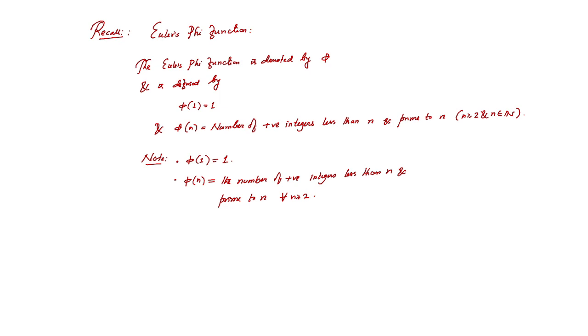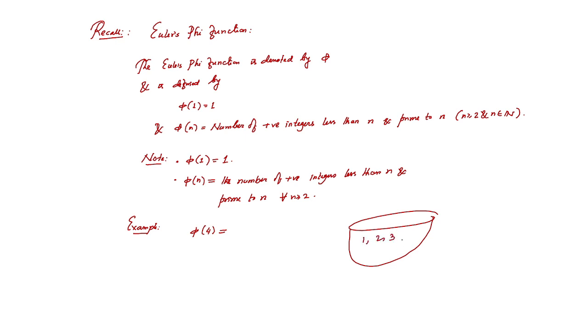As an example, if we calculate phi of 4, what will be the value? You see the number of positive integers less than n and prime to n. Less than 4 means 1, 2, 3.